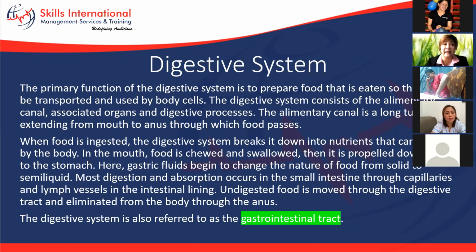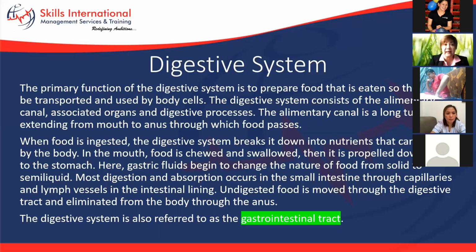So ito yung tinatawag nating digestive system or the gastrointestinal tract. So the digestive system consists of alimentary canal, associated organs, and digestive processes. The alimentary canal is a long tube extending from mouth to anus through which food passes.